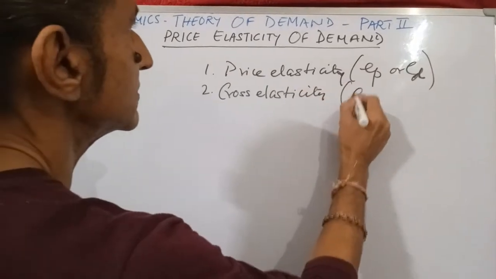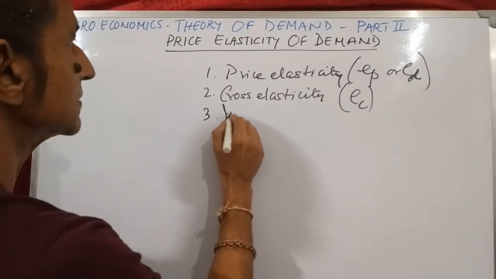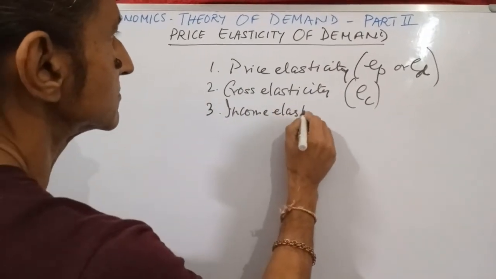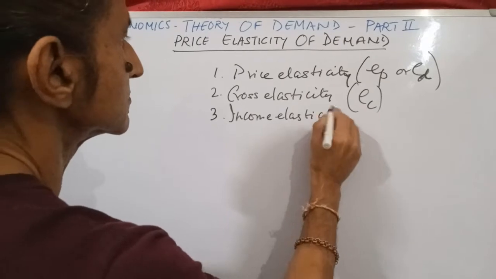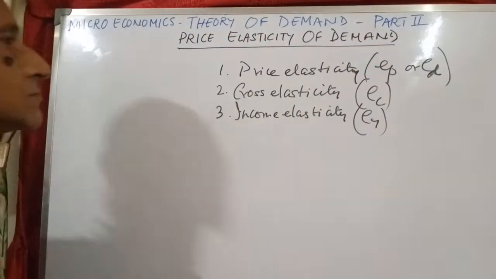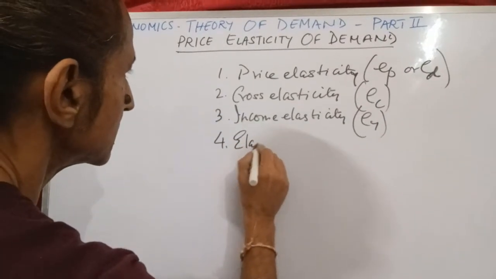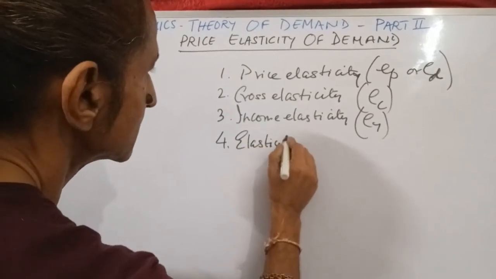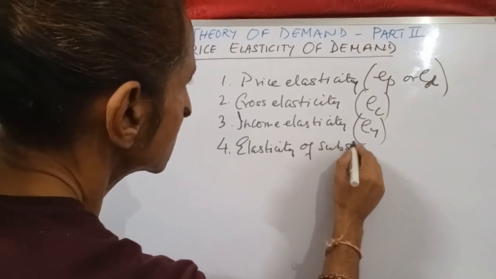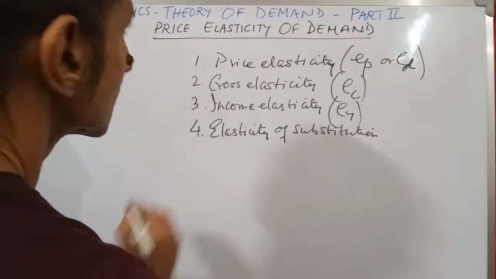You can write EC. Number 3, income elasticity. You can write EY. And number 4, elasticity of substitution.